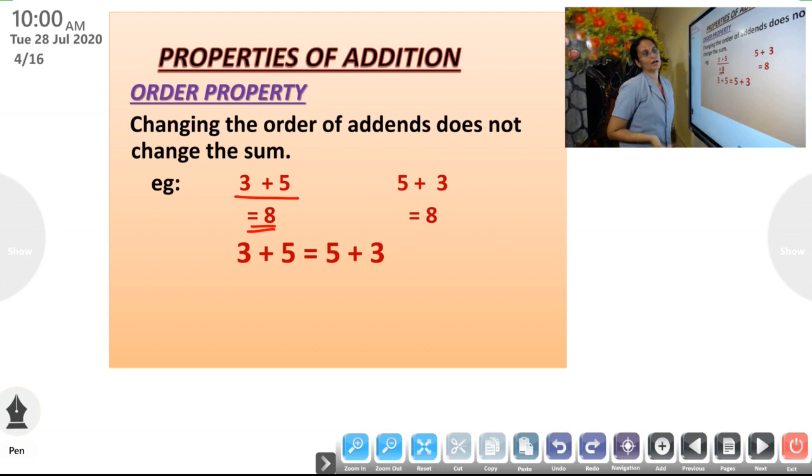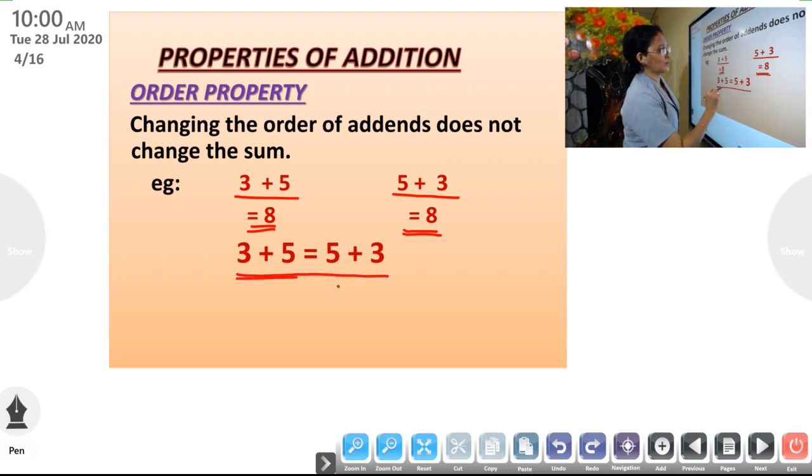Now consider 5 plus 3. For that you keep 5 in your mind. 6, 7, 8. So 5 plus 3 is also 8. So listen children, 3 plus 5 is 8. 5 plus 3 is also 8. So what you can observe? 3 plus 5 and 5 plus 3 are equal.